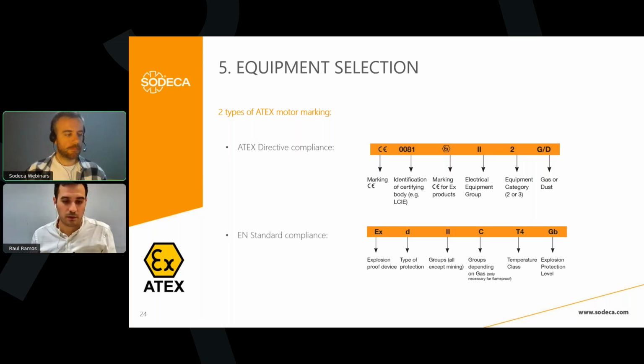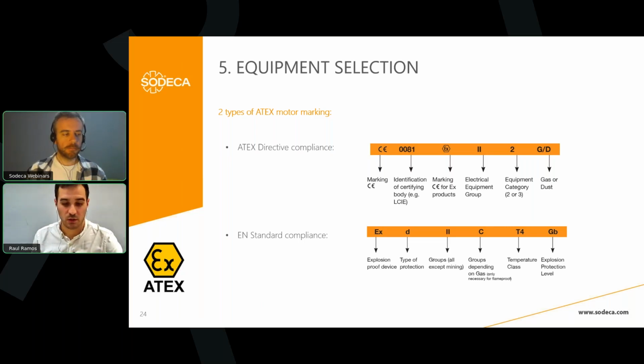So after seeing the different parts of the marking, here we have the two markings, the ATEX marking and the EN marking. What we can read in an ATEX marking. First of all, we have the marking CE. That means that the product complies with the European requirements.